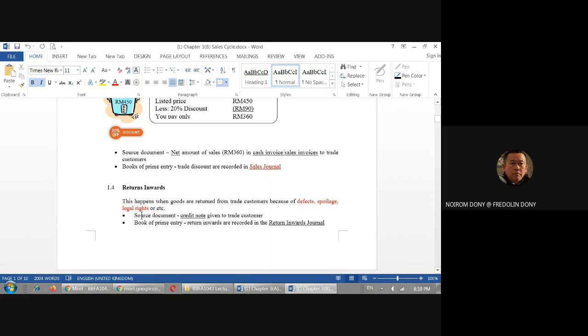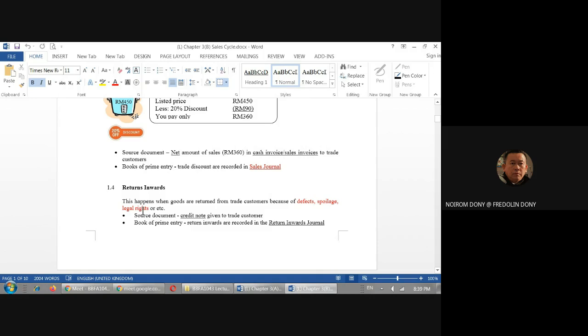And legal rights, meaning different quantity. They asked for 1,000, but were given 2,000. This is a legal right; the customer has the right to return it. Or they asked for A grade, but you gave C grade. This is wrong, so legal rights.